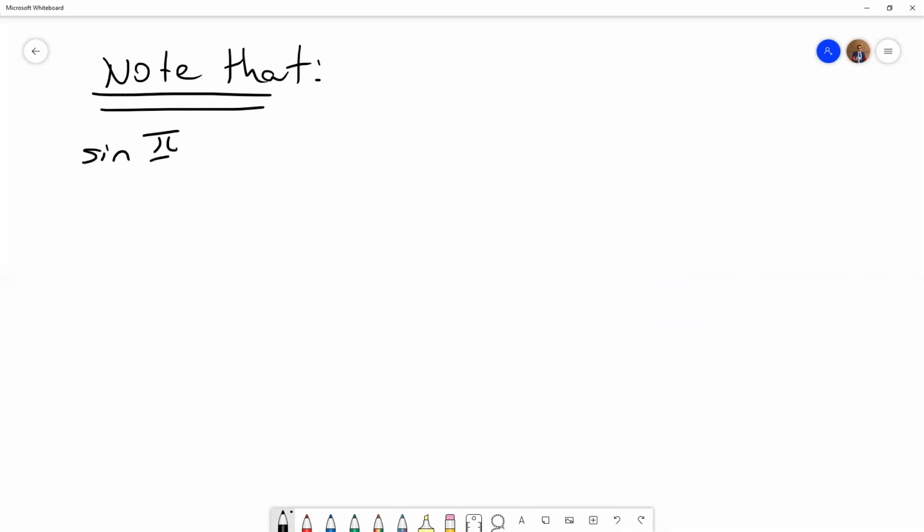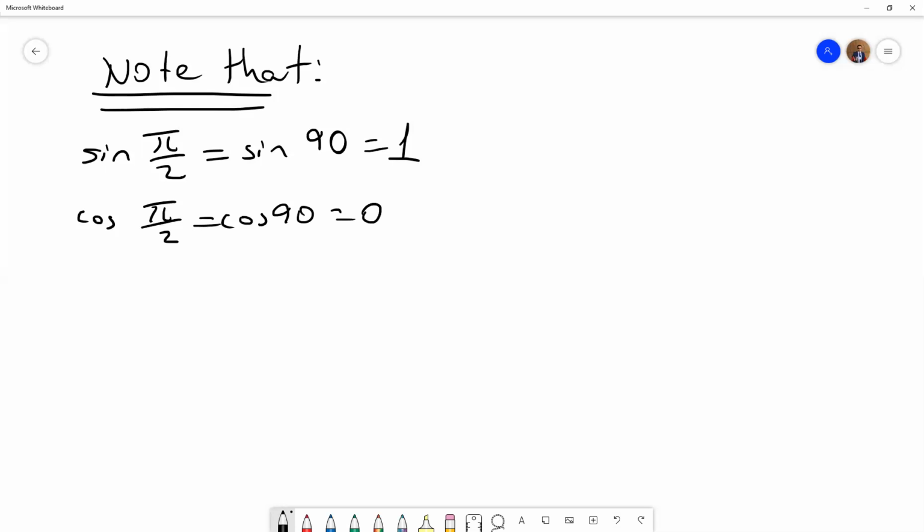Sine pi over 2, I mean sine 90 degrees, is equal to 1, and cosine pi over 2, I mean cosine 90 degrees, is equal to 0. So tangent pi over 2 is sine over cosine, so it does not exist.